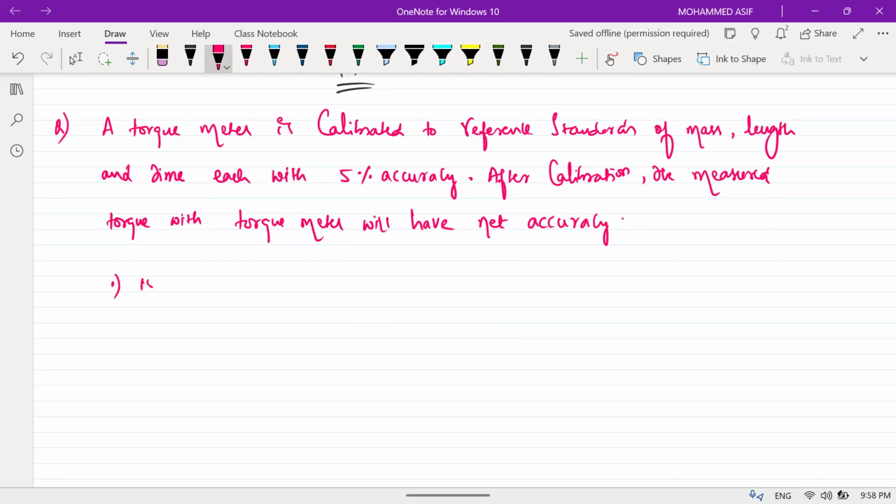First option is given as 15%. Next one is 25%. Third one is 75%. And fourth one is 5%.